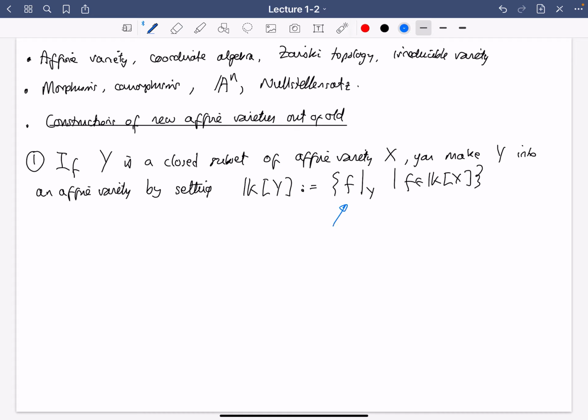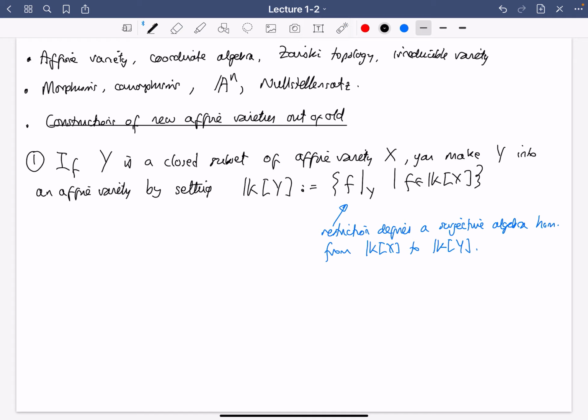So the point here is that restriction defines an actually surjective algebra homomorphism from the coordinate algebra of X to the coordinate algebra of Y. And the surjectivity is just immediate from my definition. I'm defining the coordinate algebra of Y to be the set of restrictions of functions in the coordinate algebra of X.